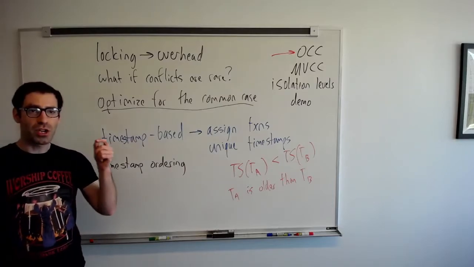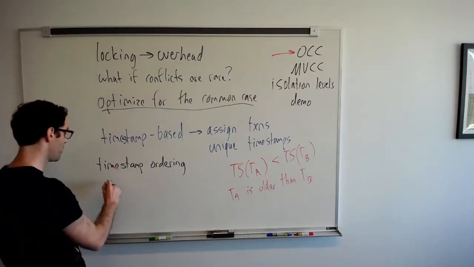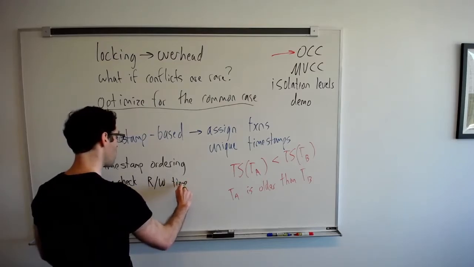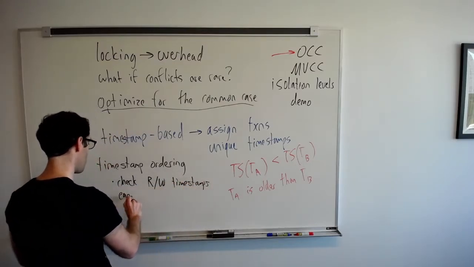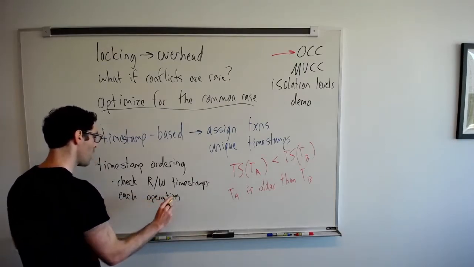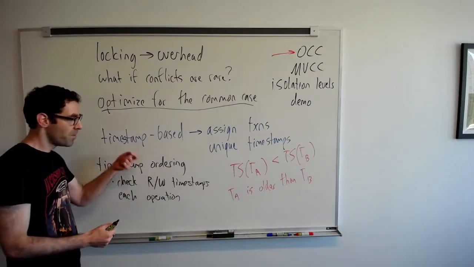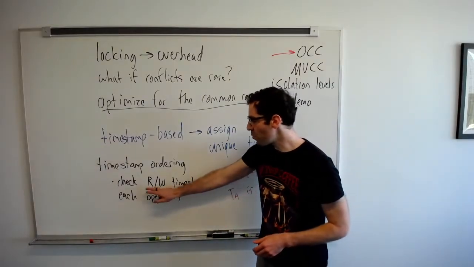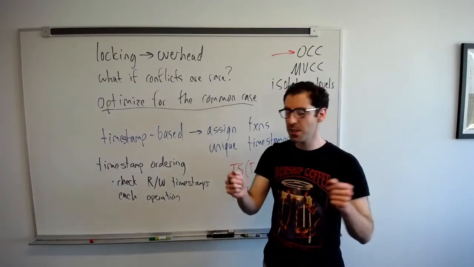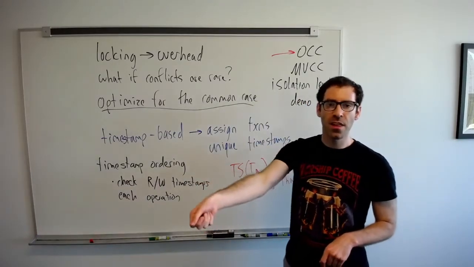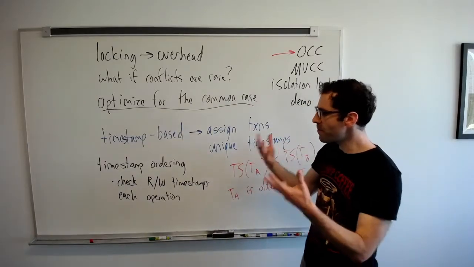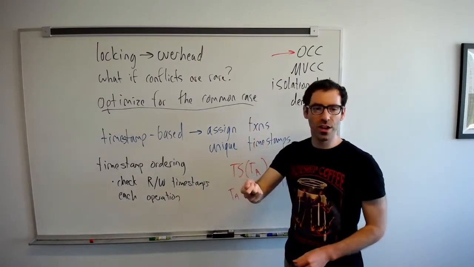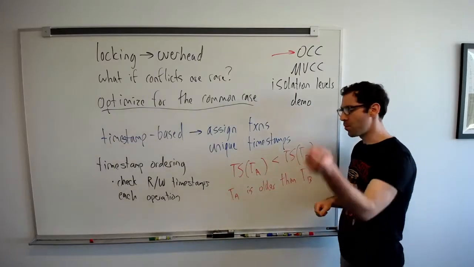And the general idea here is that on every operation, we're going to check the read or the write timestamp, the timestamp of the transaction that most recently read or wrote to some object that we're accessing, in order to check, okay, is this current access that this transaction is doing valid with respect to the last read or write timestamp?